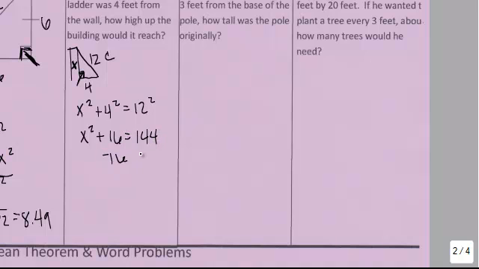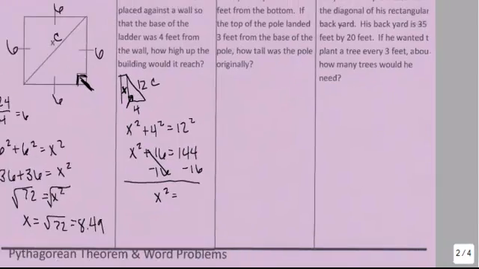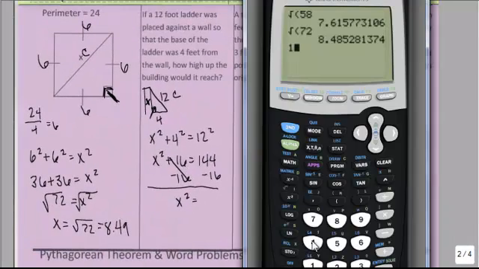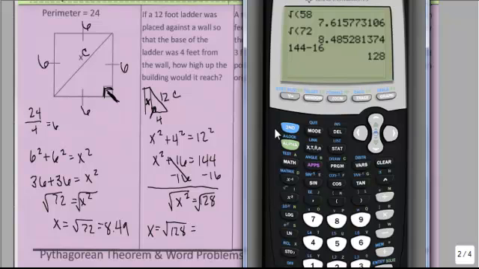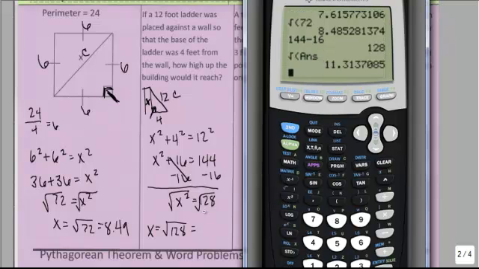Subtract 16 from both sides. X squared is equal to 128. And take the square root of both sides. Of course, you can leave it the square root of 128, or you can put it in decimal form. .31.